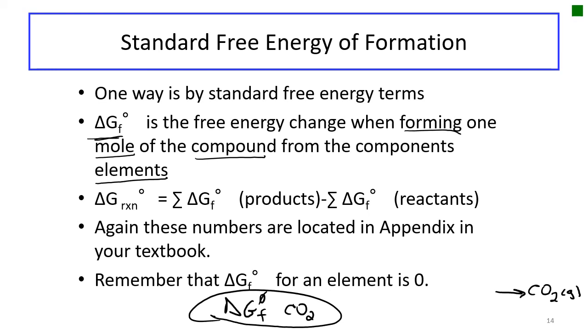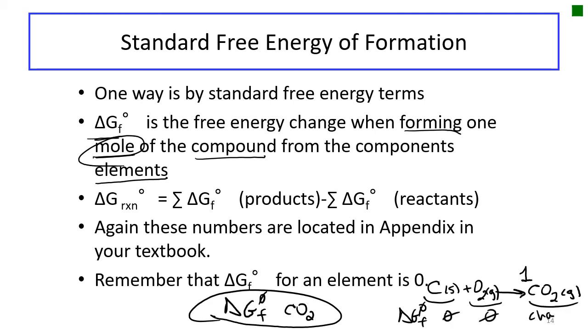Its component elements are carbon as a solid and oxygen as a gas. That's the stuff it's made up of. It requires it to be 1 mole of the compound, and these elements have a delta G naught of formation that is defined to be 0. This value we're going to find from the charts.